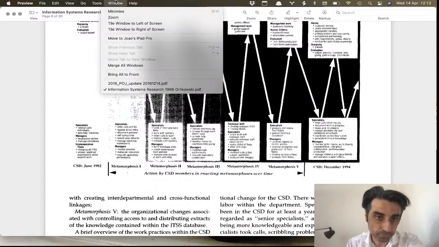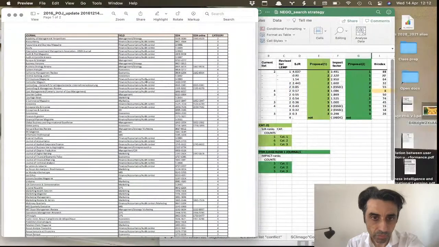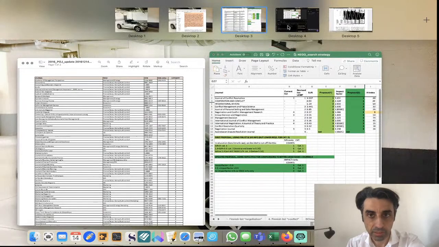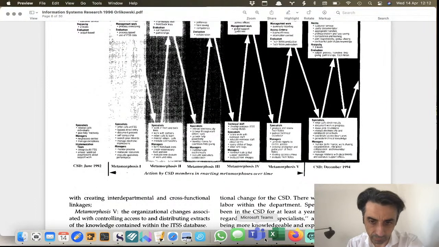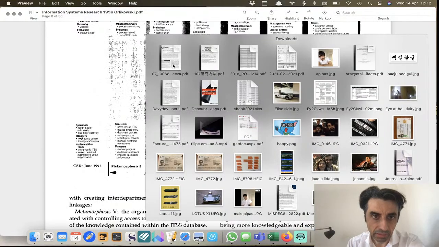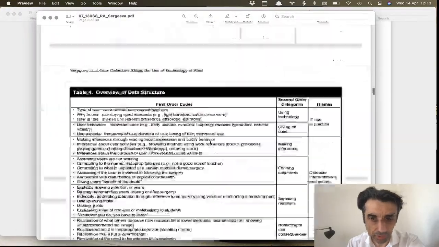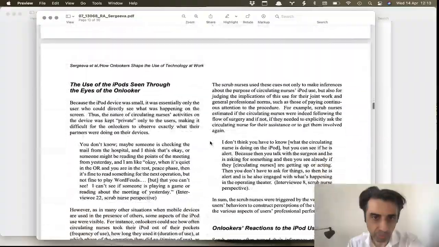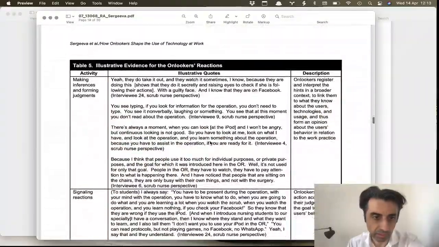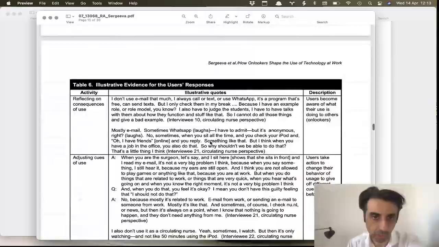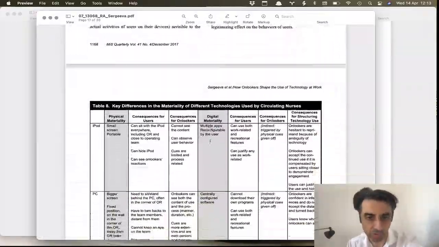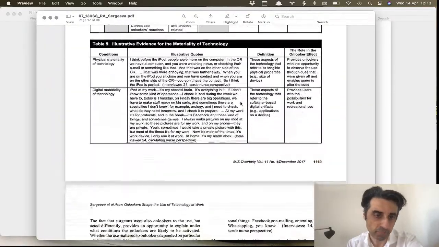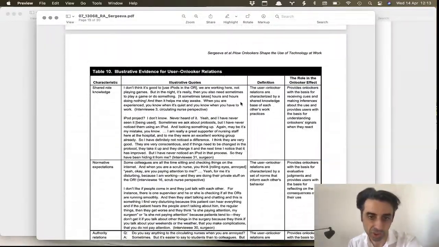In the Sergeev et al. paper, you see the results are presented in a traditional way with tables and illustrative quotes. Okay, so Wanda there is more sophisticated. This paper is far more sophisticated in the presentation of the data analysis.